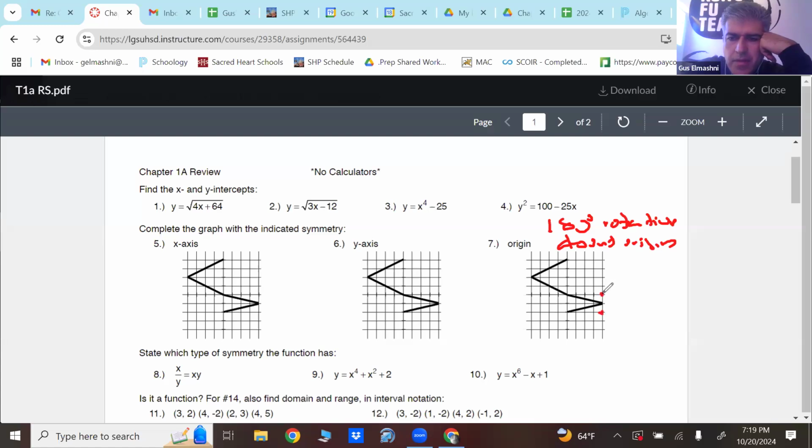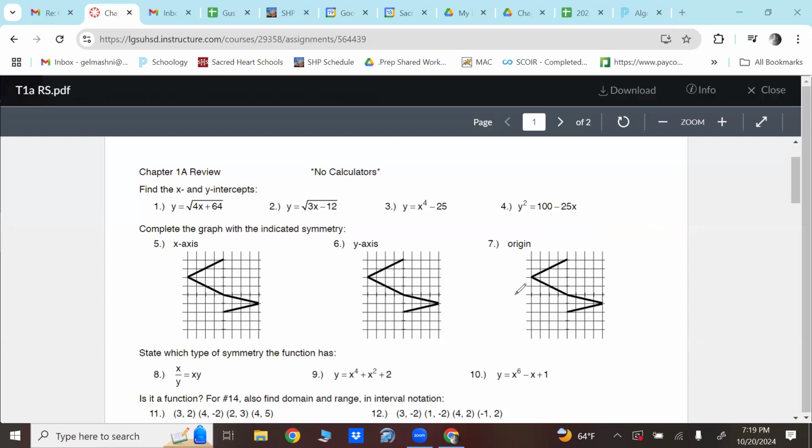Hold on a sec. I've been just doing it as flipping over the center point. Yeah, because you have to make sure to indicate symmetry. Why am I struggling with this one?